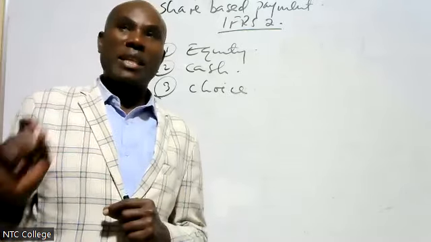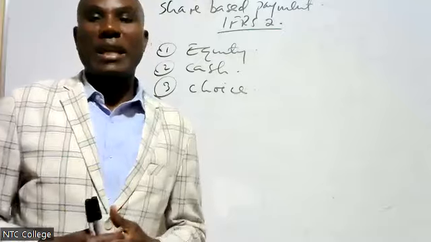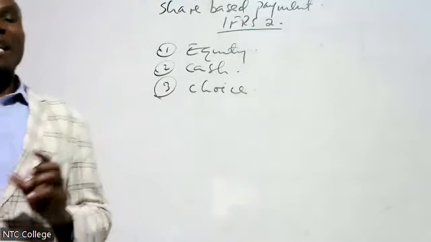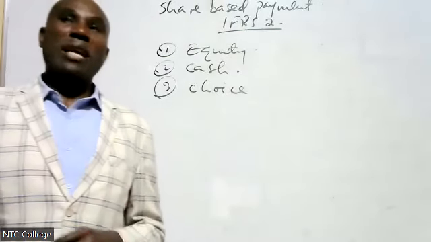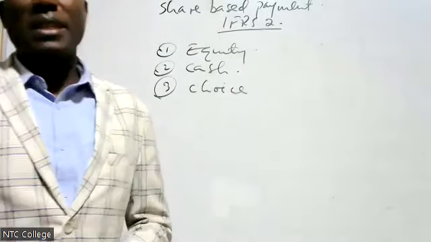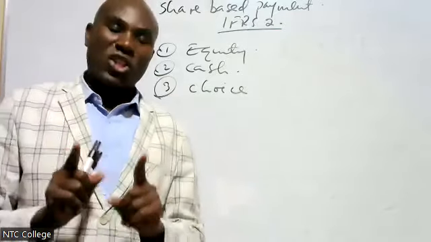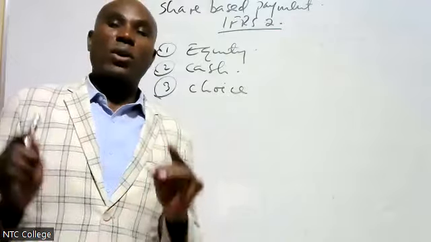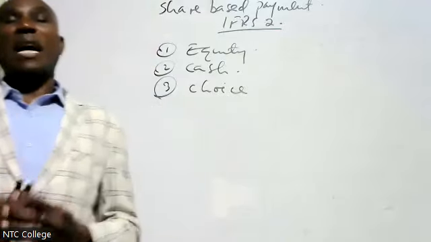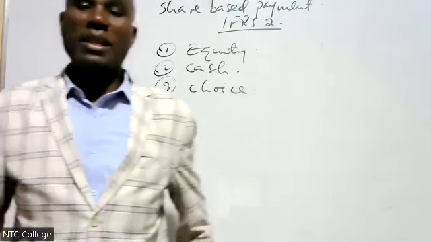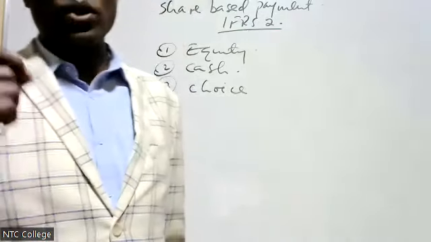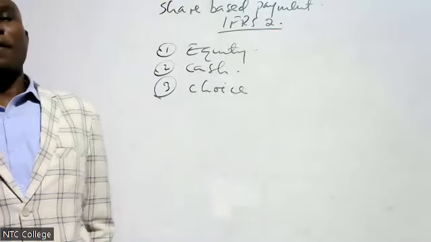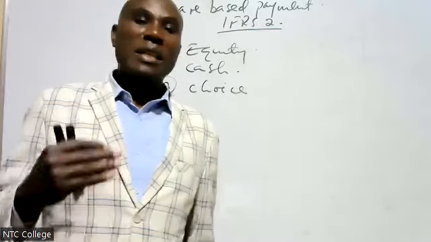Then under cash settled, an entity will receive goods or service from other parties such as suppliers, but the consideration will be cash, and the cash will be based on the equity instrument of the entity. Therefore, you receive cash, but it's not just a normal cash. The cash will be based on the fair value of the equity instrument.